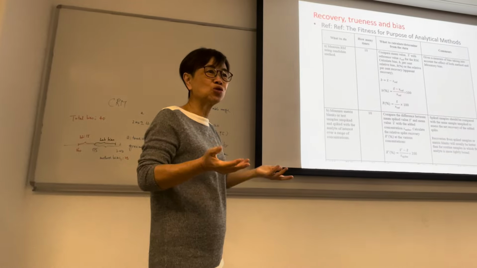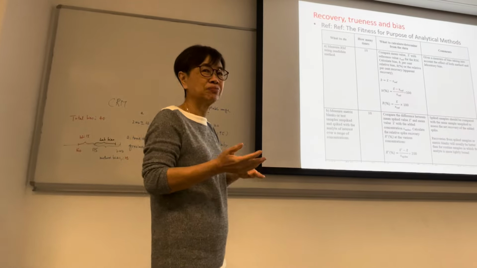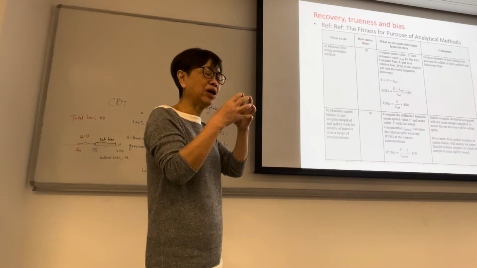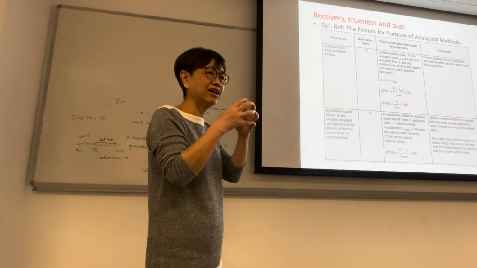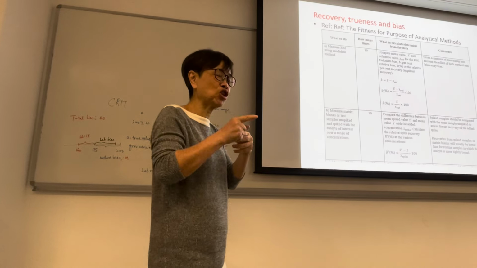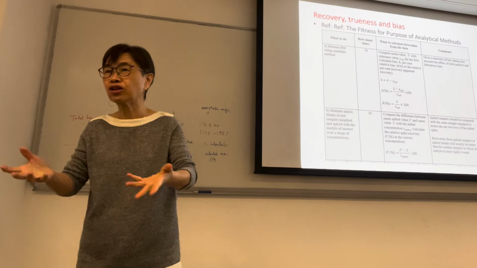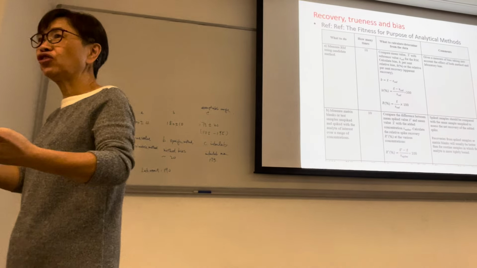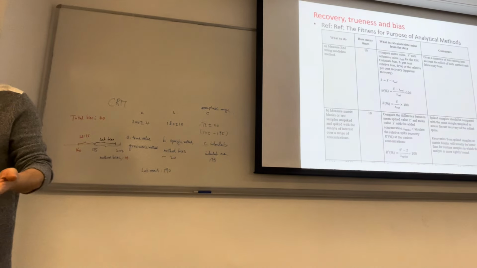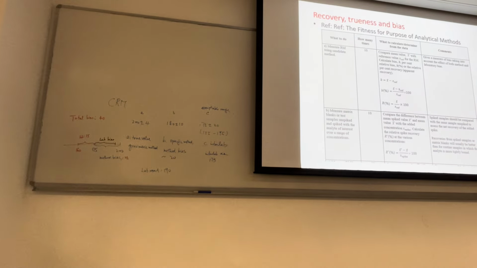Otherwise, there is no use studying the trueness. The certified value is the amount of analyte in the particular matrix you want to determine. For example, soil, sludge, food, fish, anything, okay? That will be matrix CRM.